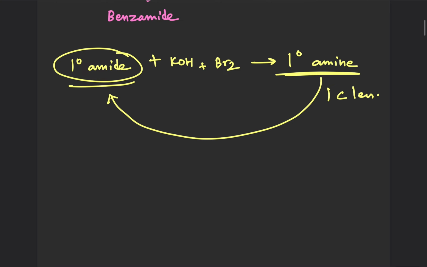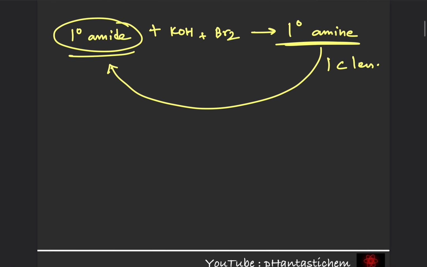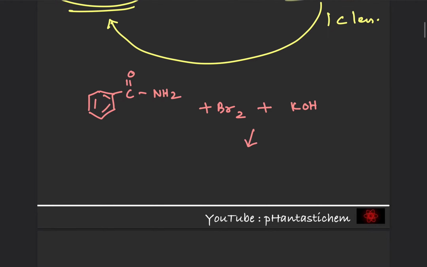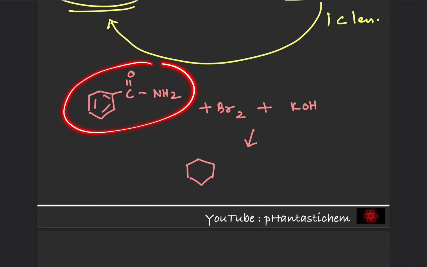With respect to the reaction, I have benzamide as my starting amide, C double bond O NH2. It will react with Br2 and KOH to give me an amine which has one carbon atom less than the starting amide, benzamide.